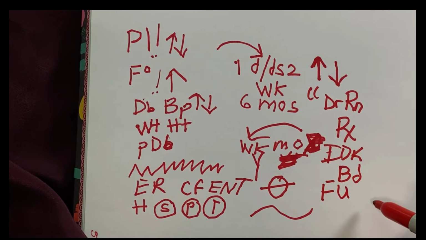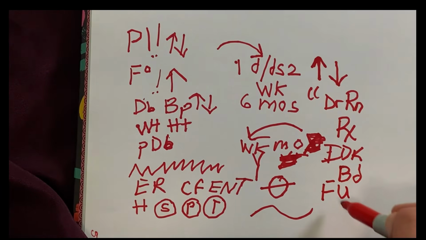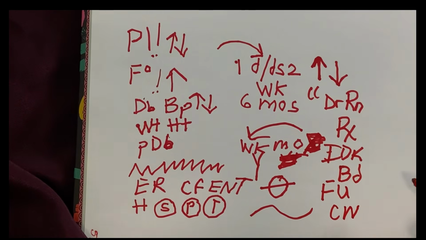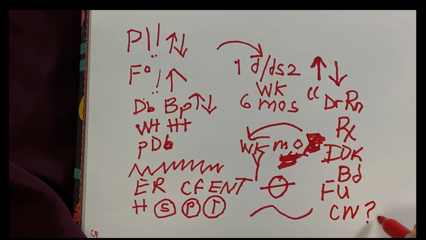FU for follow-up. CW, caseworker. Question marks, questions. Very simple. You don't want to go all out on symbols. You want to keep them simple and something that you know.